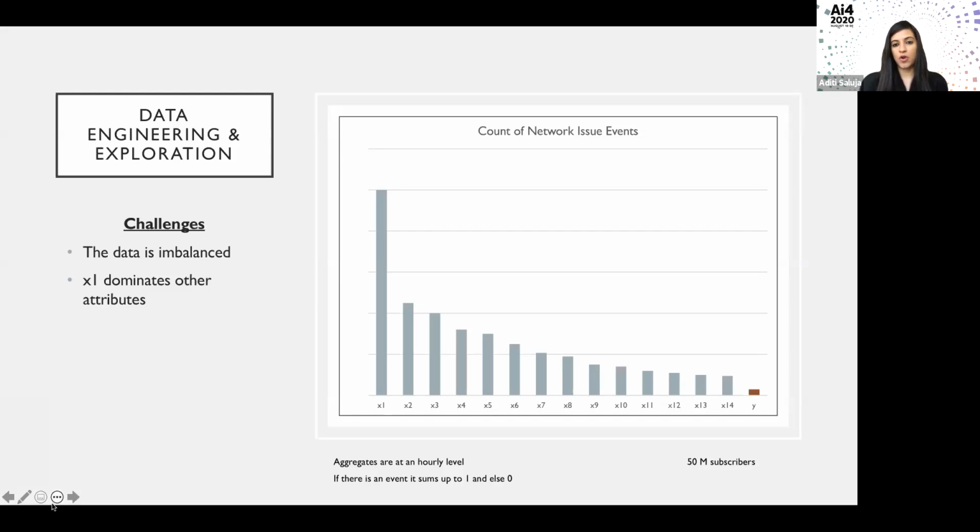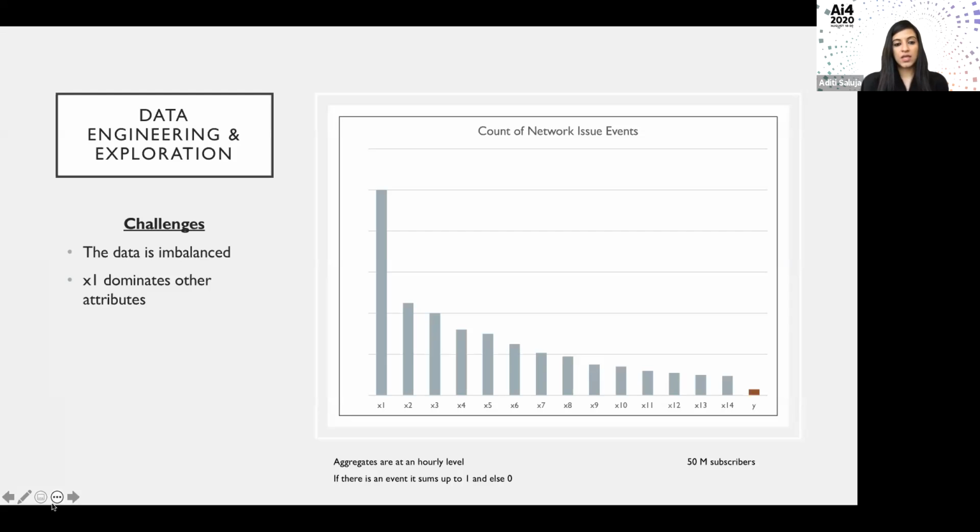As you can see in the data exploration bar chart, there are 2 things happening here which are going to fetch your attention. If you look at Y and X, you will see a little imbalance in the data. Y is a very small number because Y is happening very few times. Y is my dependent variable, which is opening a complaint ticket.